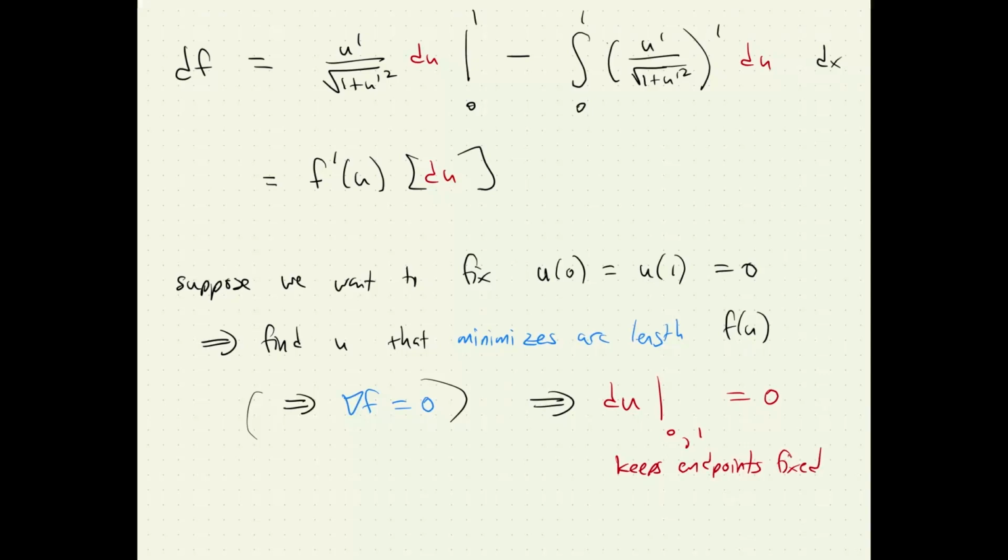And then what happens is that the boundary term disappears. What was it? u primed over the square root of 1 plus u primed squared, times du, taken at 0, 1. This is now just 0, because we fixed the endpoints.